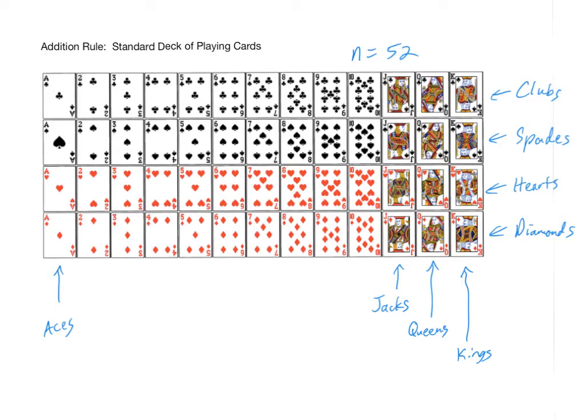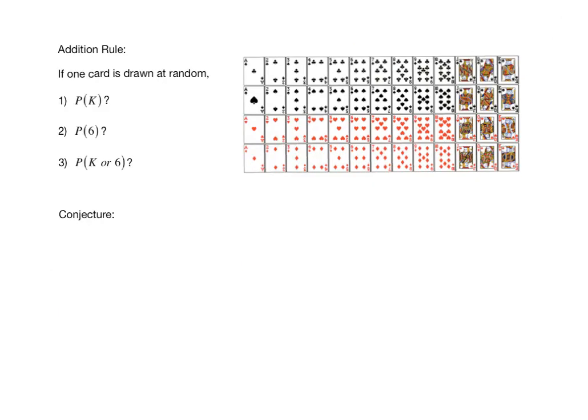Let's now begin to look at the addition rule. We are going to spend time trying to discover the addition rule, and to do that, we're going to look at an example. If one card is drawn at random, that's our probability experiment. What's the probability of getting a king? Notice there are 4 kings out of the total of 52.